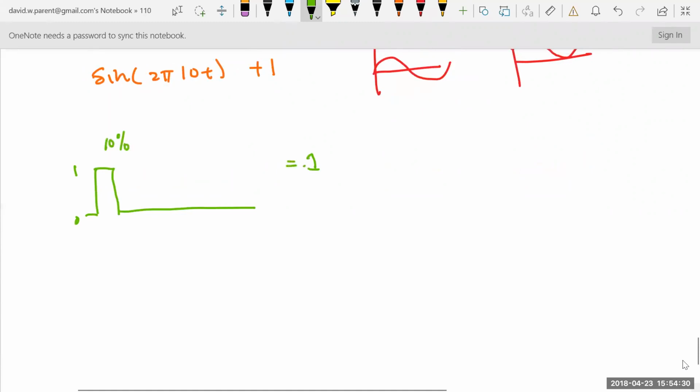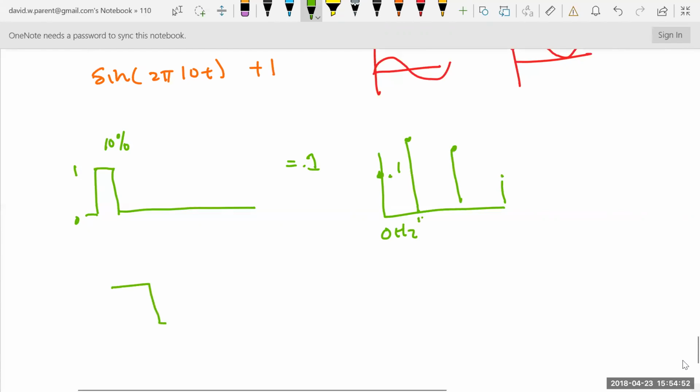It's 0.1. So I should get 0.1 at 0 hertz, right? Then you're going to get something at the fundamental, and I'm not asking you to calculate this, but here's something interesting.